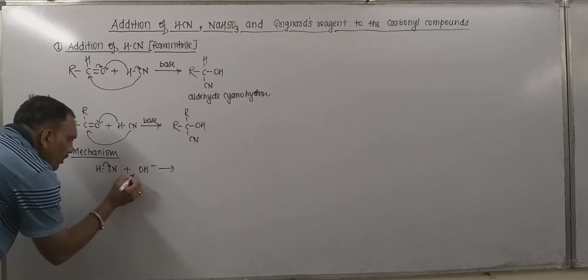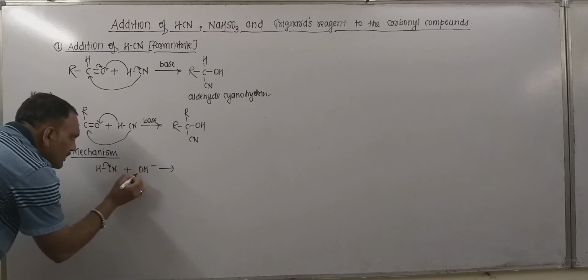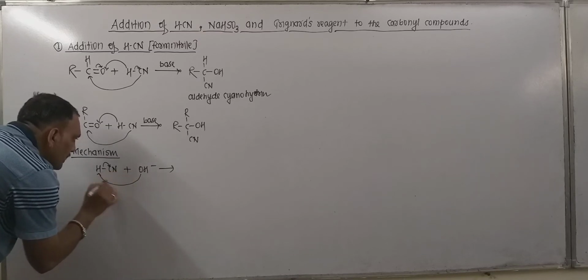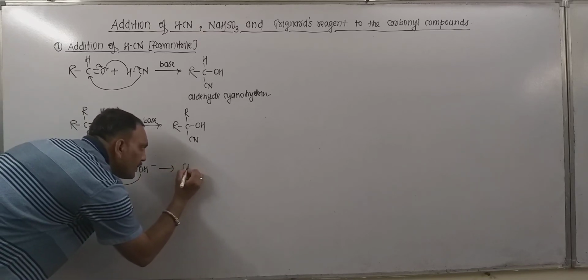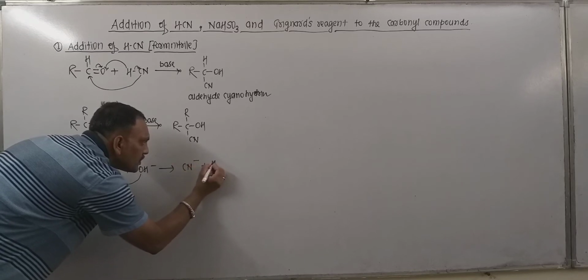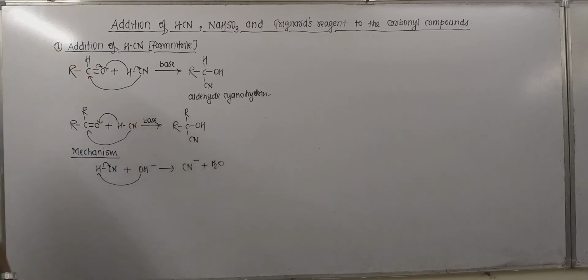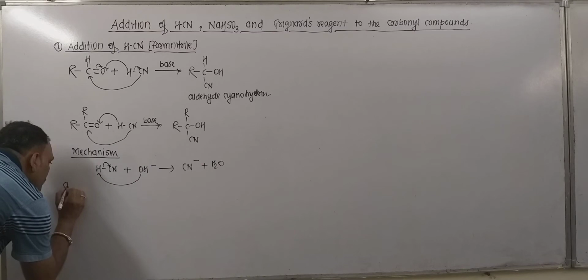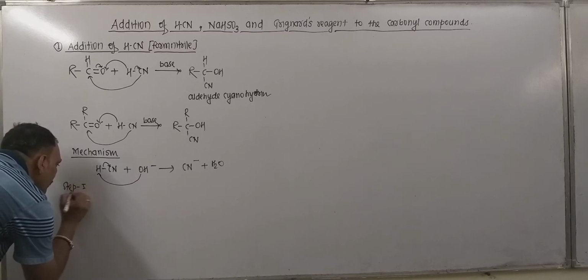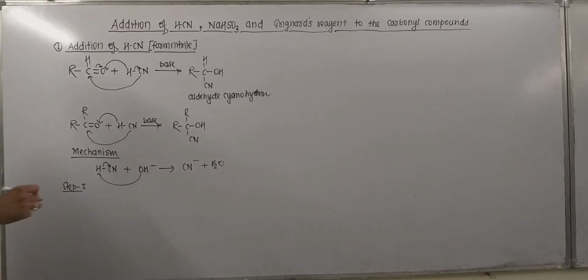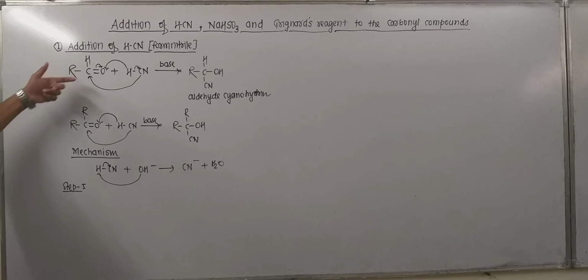Now the electron pair of this bond remains at the carbon and the base removes the proton and leads to the formation of CN minus, which happens to be the nucleophile. Now in the very first step, I mean in step number 1, the nucleophile attacks the carbonyl carbon in aldehyde or ketone. So we are going to explain this reaction.